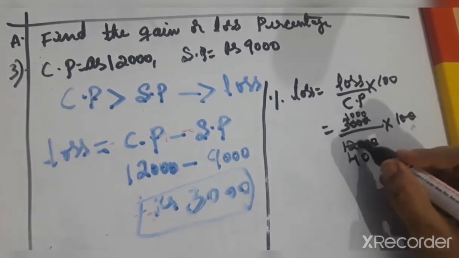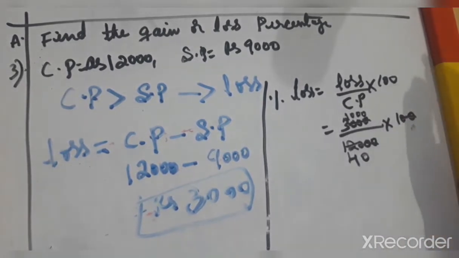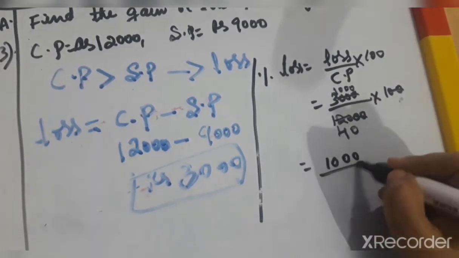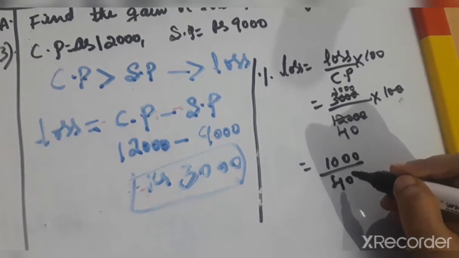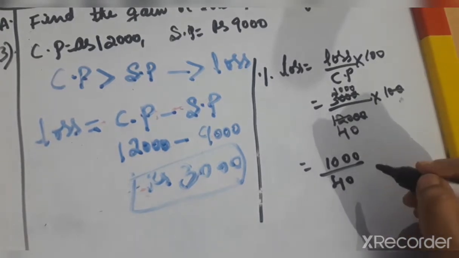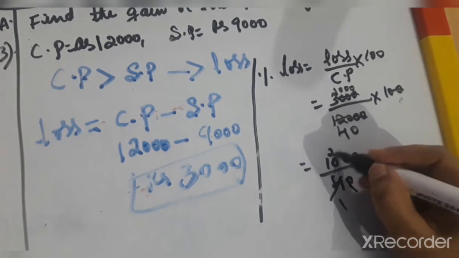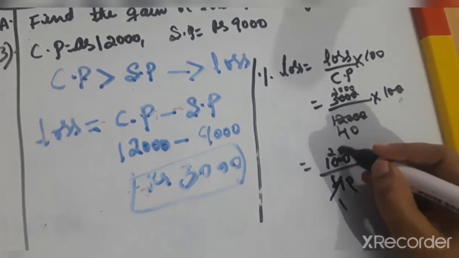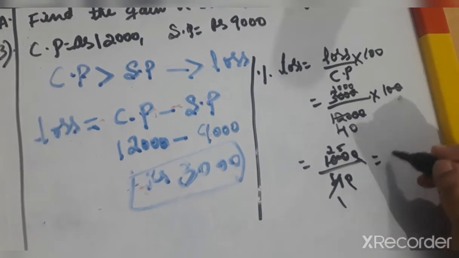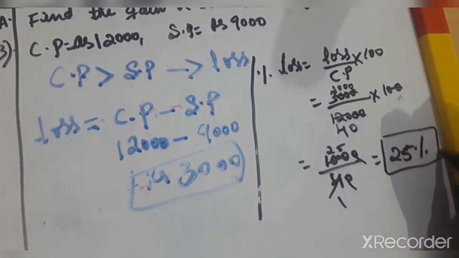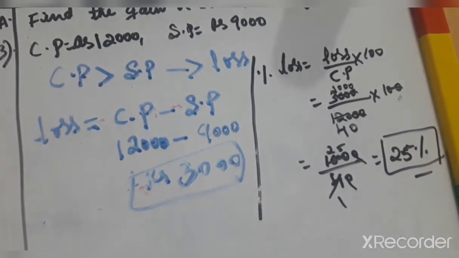Now 1000 by 40, zeros cancel. 4 ones are 4, 4 twos are 8, 2 carry, 4 fives are 25. So percentage of loss is 25%.